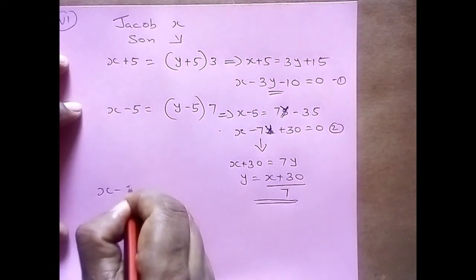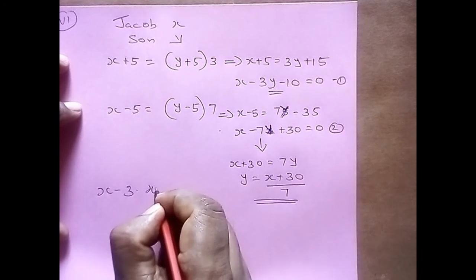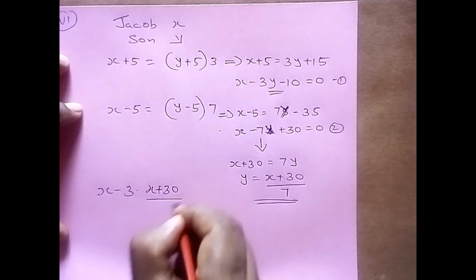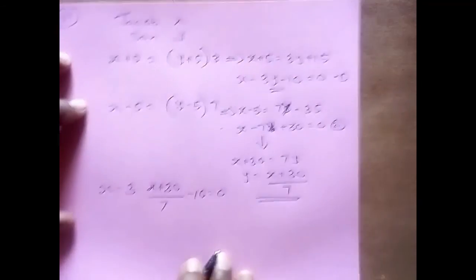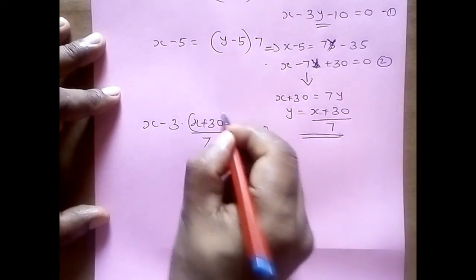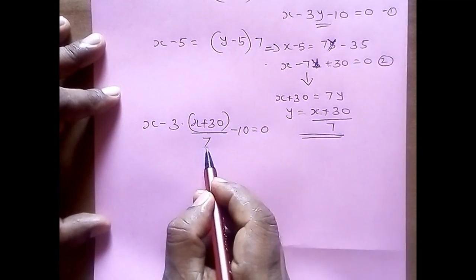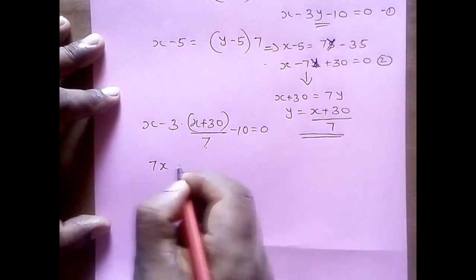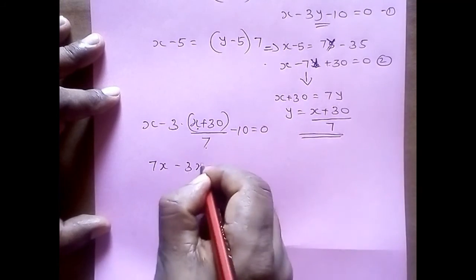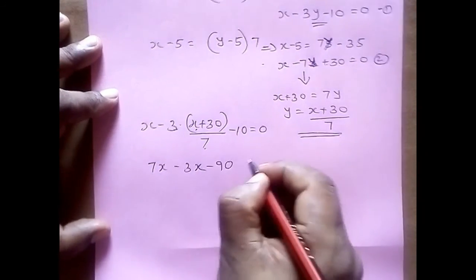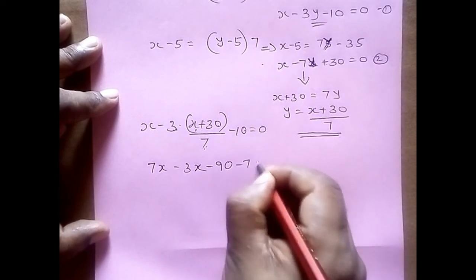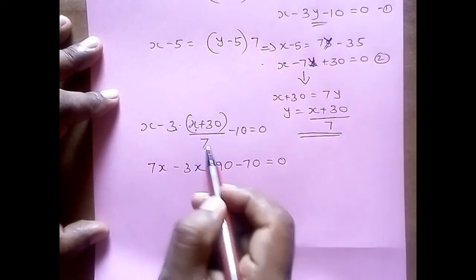So x minus 3 into (x plus 30) divided by 7, minus 10 equal to 0. Multiplying throughout by 7, we will get 7x minus 3x minus 3 into 30, 90, minus 7 into 10, 70, is equal to 0.